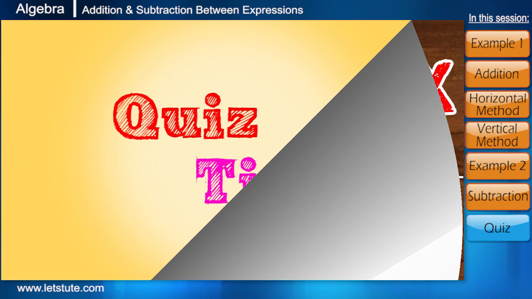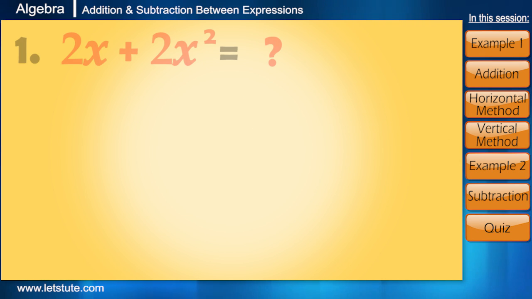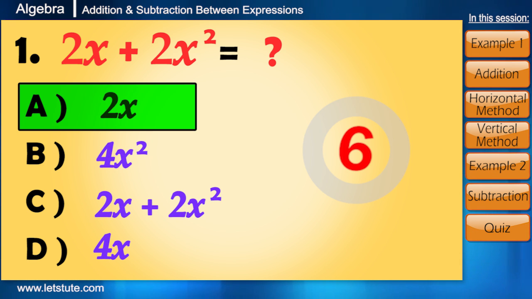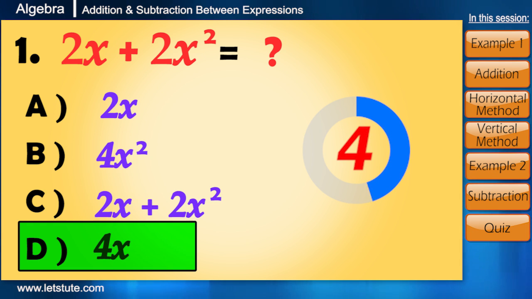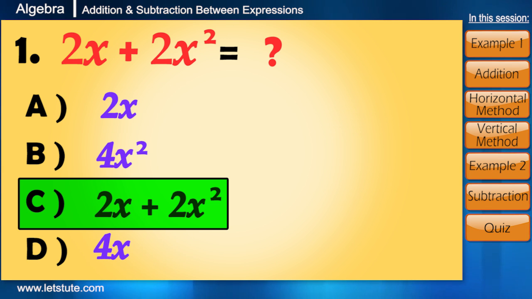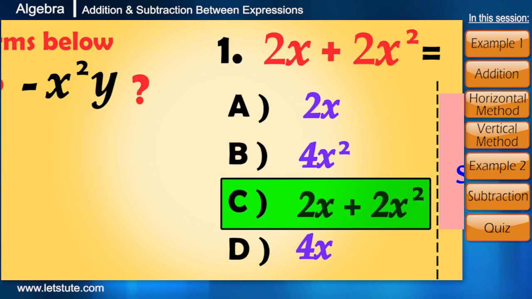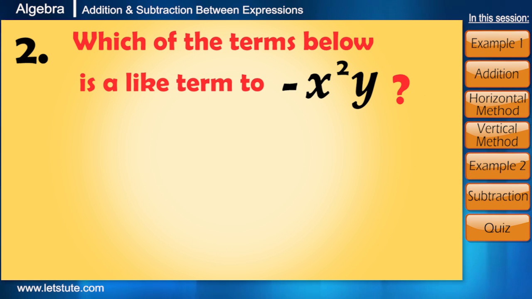Let's answer some more questions to have a better knowledge. The first question is, we have to add 2x and 2x square. Second is, which of the terms below is a like term to minus x square y?